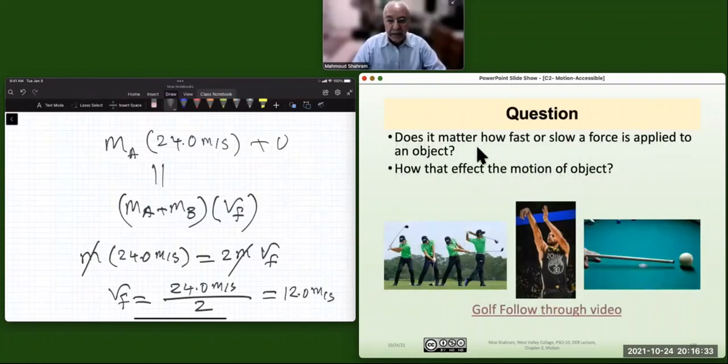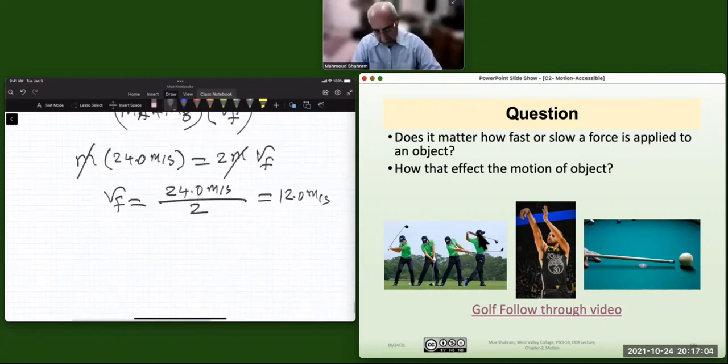Another concept here is when you apply a force to an object, how you apply the force. Do you do it rapidly, or do you apply the force over a period of time? You take a little bit of time to apply the force. This concept is called follow through.